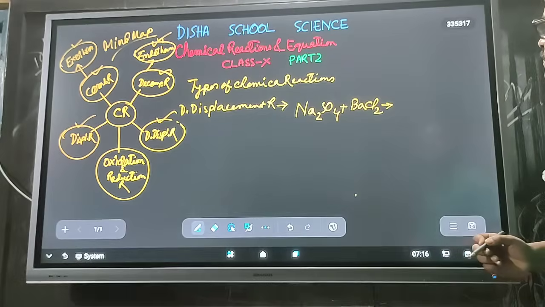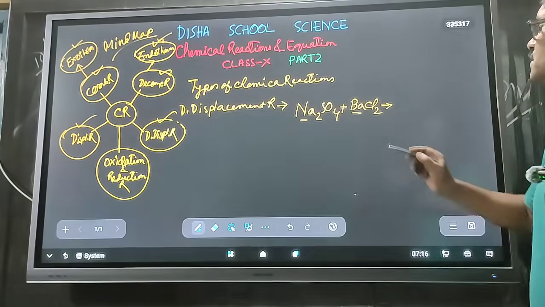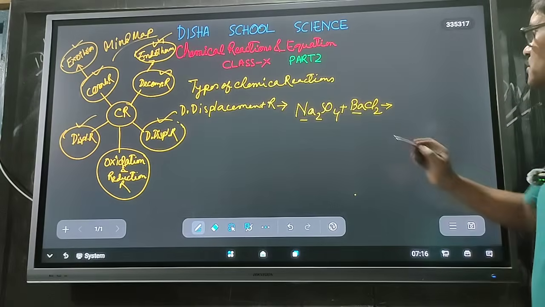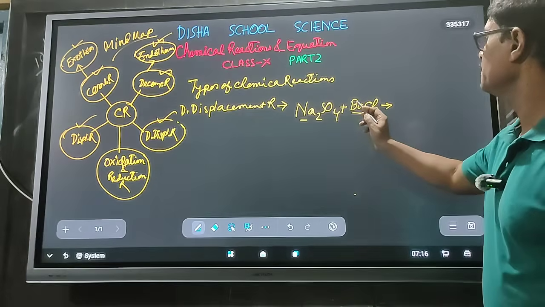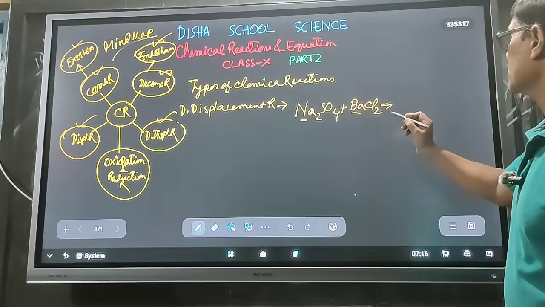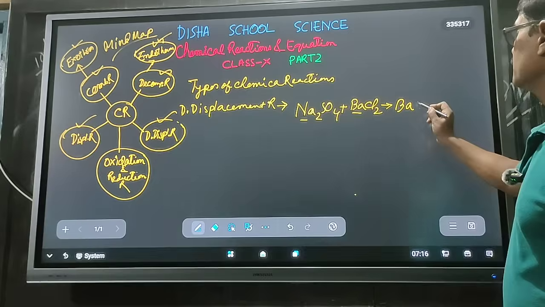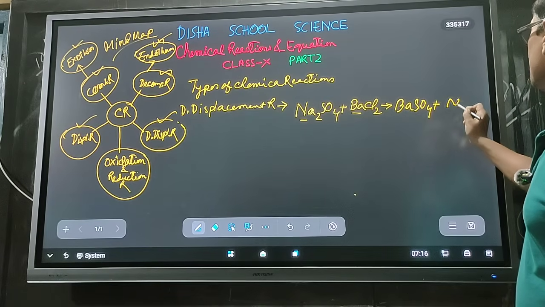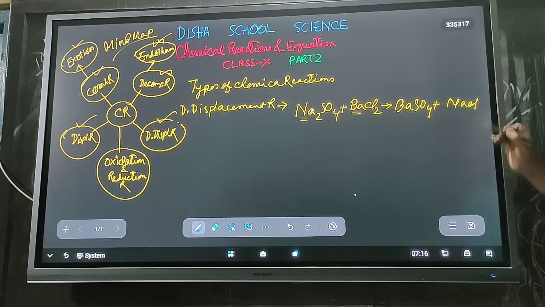Sodium is a metal and barium is a metal. There is a competition between sodium and barium. So there will be exchange of ions. Sodium will come here, barium will go that side. Ultimately what will happen? Barium sulfate plus sodium chloride.